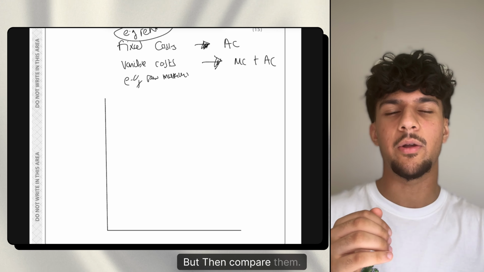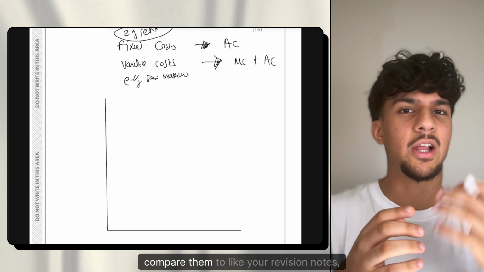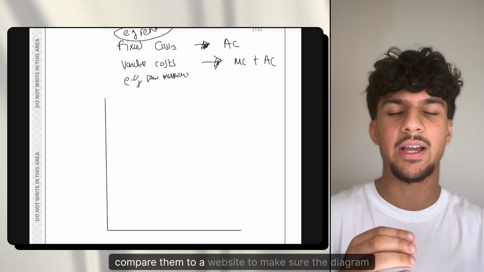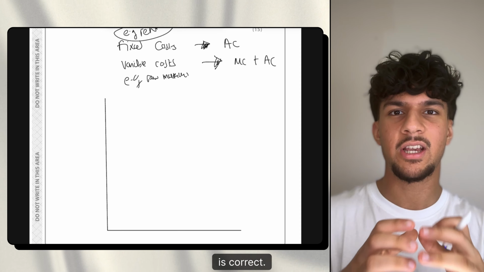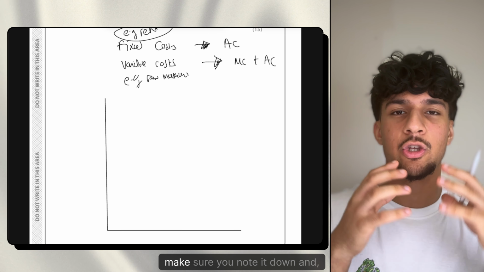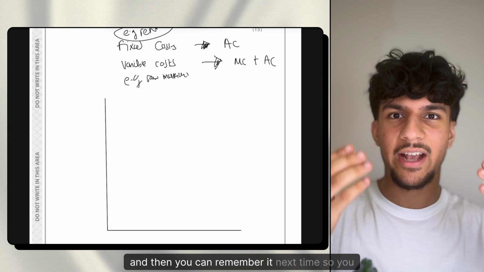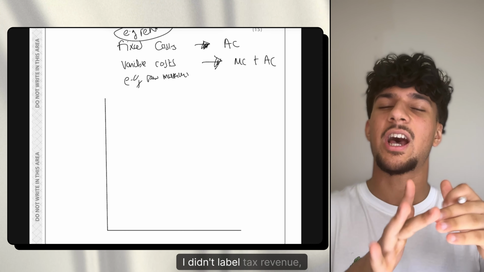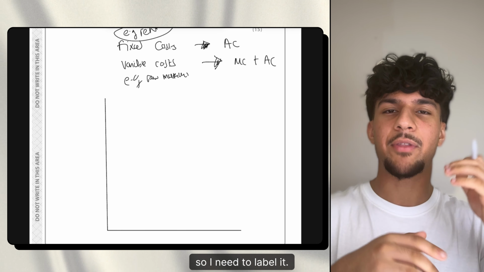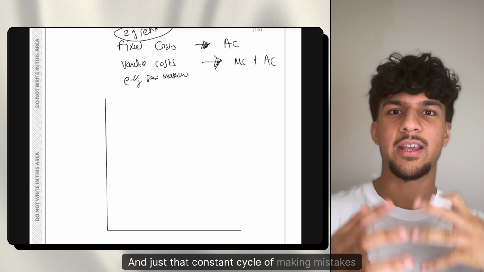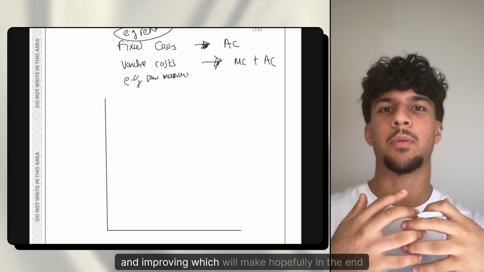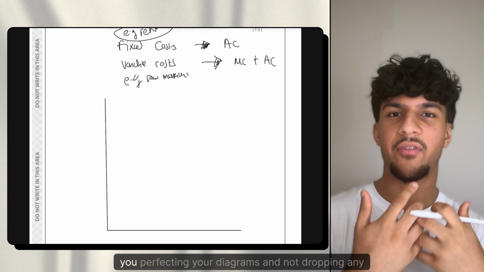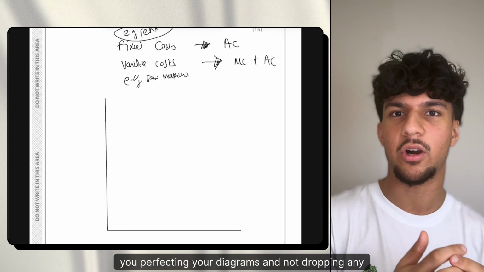But then compare them. Once you're finished, compare them to your revision notes, or to a website, to make sure the diagram is correct. And anytime you make a mistake, note it down so you can remember it next time. So next time you know, okay, I didn't label the Laffer curve, I didn't label tax revenue, so I need to label it. That constant cycle of making mistakes and improving will hopefully, in the end, have you perfecting your diagrams and not dropping any marks.